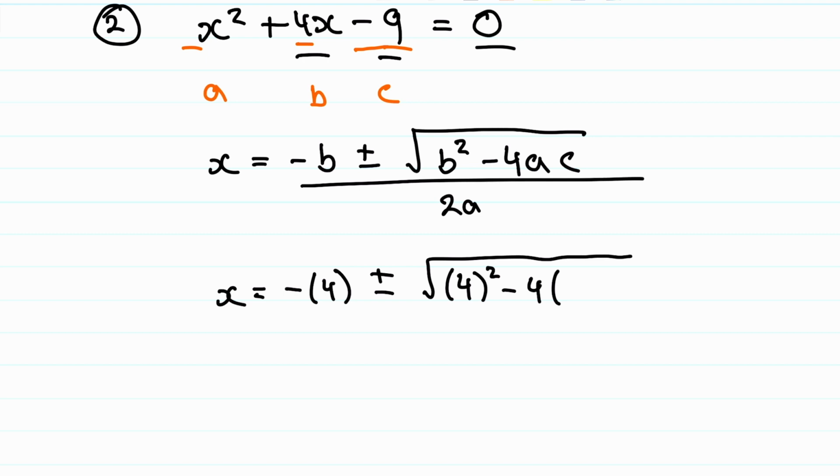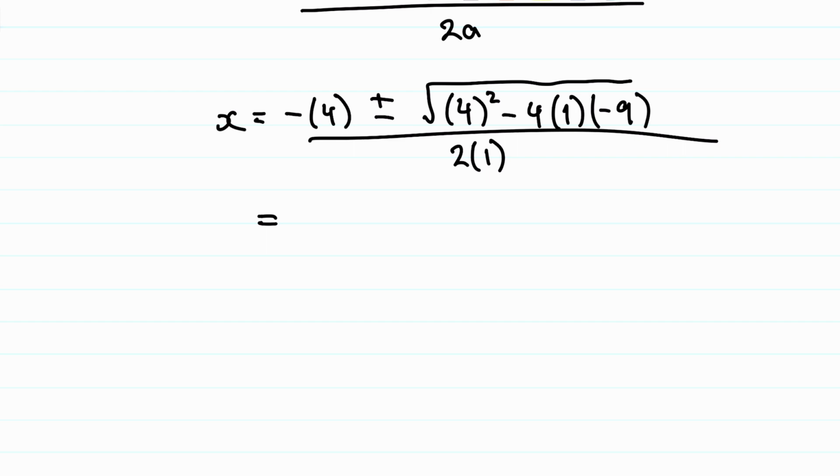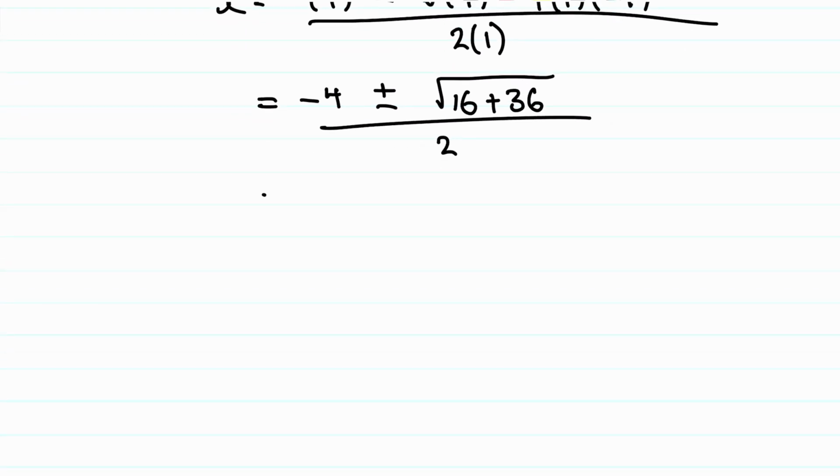And sorry, this a is 1, all over 2a, which is just 2 lots of 1. So then we can just simplify this. So we're going to have minus 4 plus or minus the square root of 16 plus 36 all over 2. And that's going to be minus 4 plus or minus the square root of 52 all over 2.